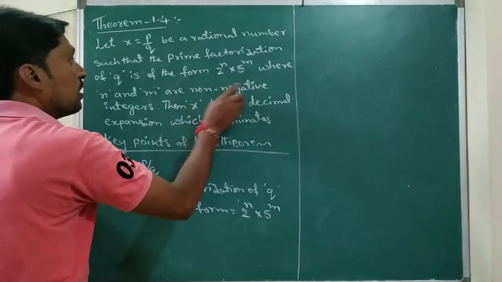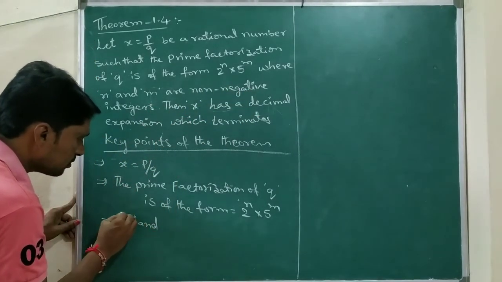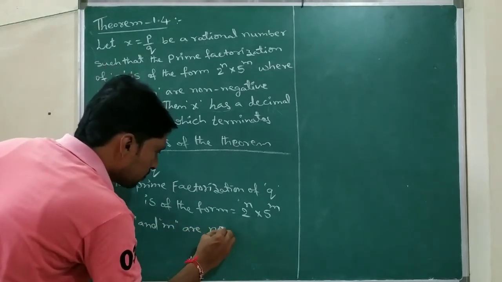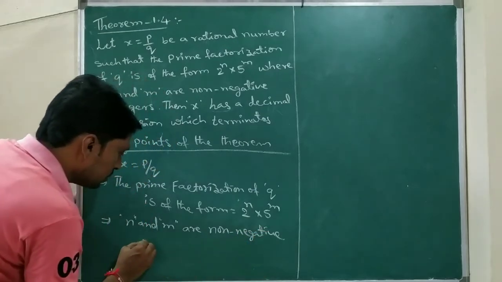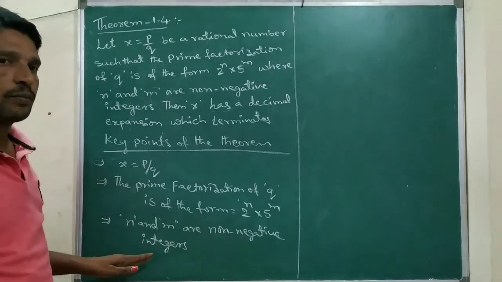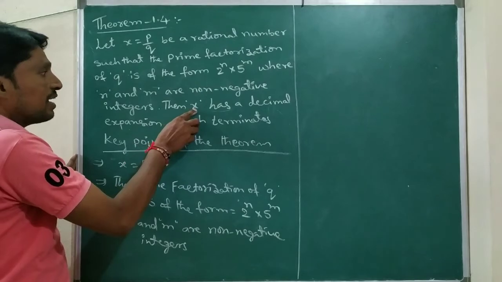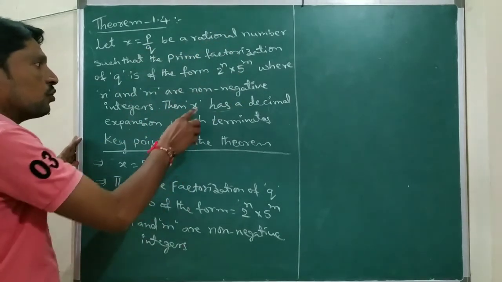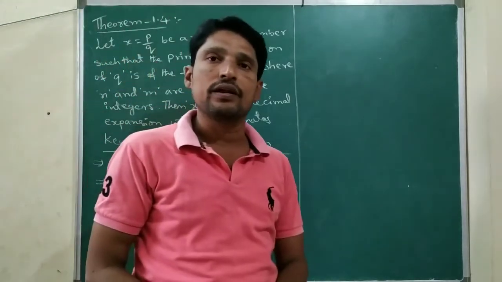Here n and m are non-negative integers. So x, that is p by q, is in rational form only. So x has a decimal expansion which terminates. Which terminates means we are getting the remainder as 0.